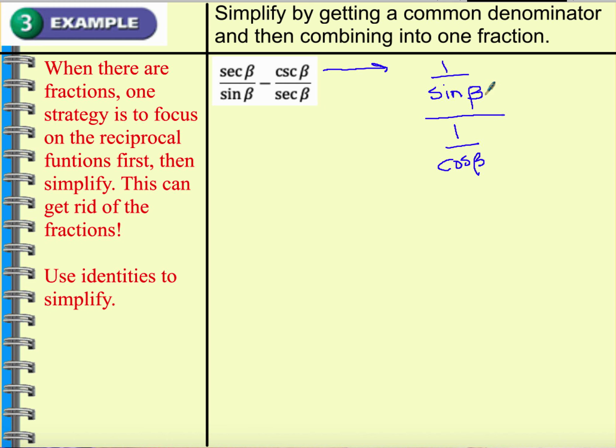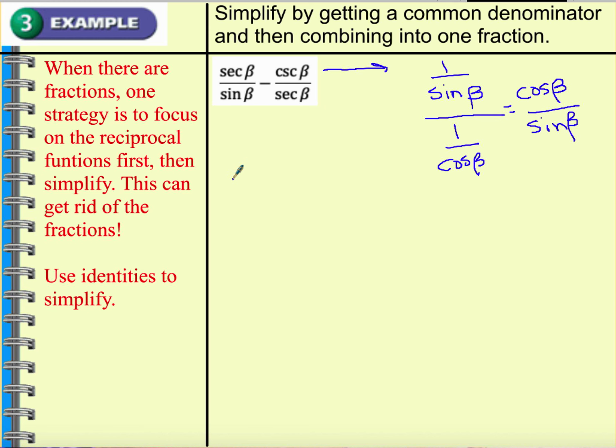And if you're in my class, you know I love these. So I'm going to multiply by the reciprocal. 1 times the cosine of beta, which is the cosine of beta, divided by the sine of beta times 1, which is the sine of beta. So this whole fraction is actually equal to the cosine of beta divided by the sine of beta.